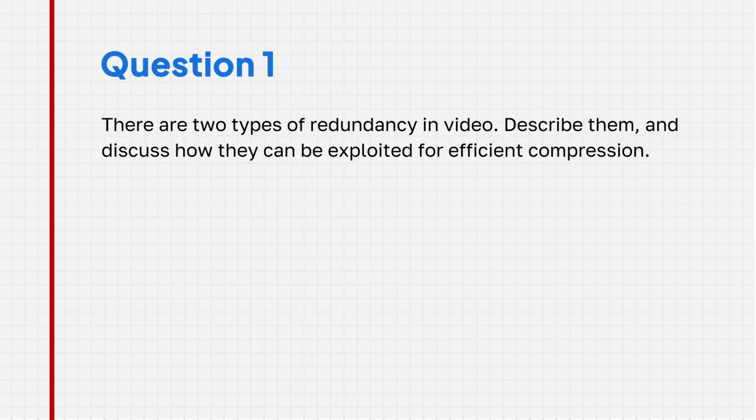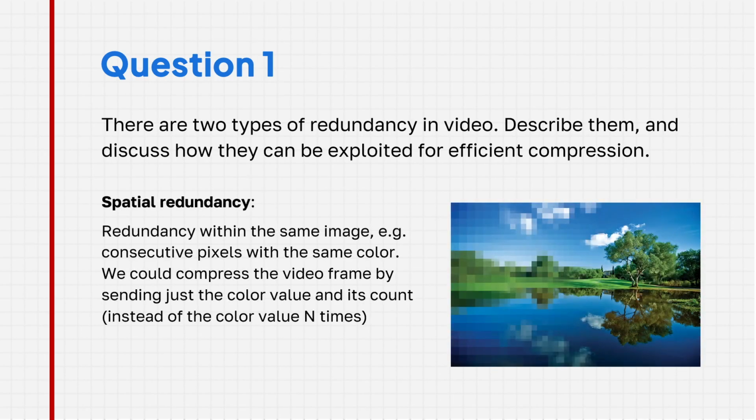And spatial redundancy. Okay, so yeah, if you have, for example, a blue sky, and the pixels happen to be the same, remember that when you send a pixel, it's an RGB value. Each of them is from 0 to 255, 8 bits, 8 bits, 8 bits, a total of 24 bits for every single pixel.